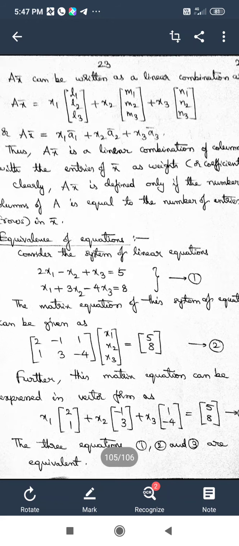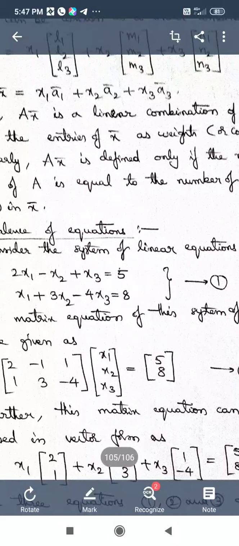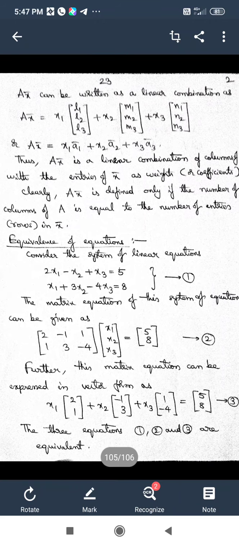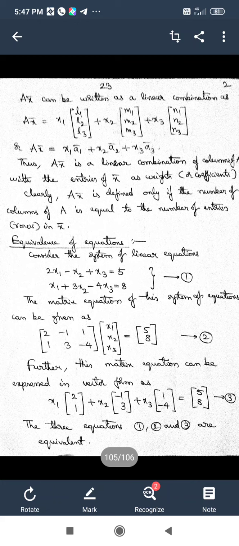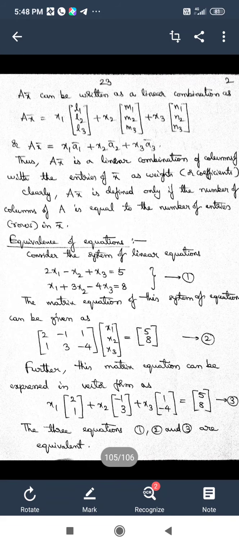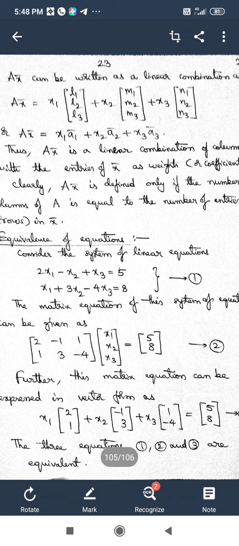So whether we represent the system of linear equations separately as equations like in equation 1, or in a single equation as Ax bar equals B bar, where A is the coefficient matrix, X bar is the variable matrix, and B bar is the constant matrix, as in equation 2, or in the third form, which is the linear combination of the columns of the matrix A with the scalar multiples from the matrix X bar, as in 3, that is given as x1 times (2, 1) plus x2 times (-1, 3) plus x3 times (1, -4) equals (5, 8).